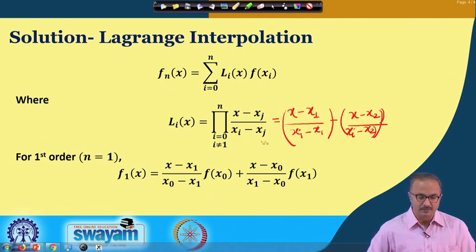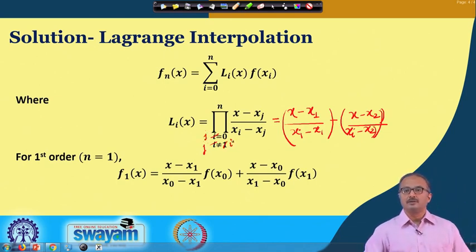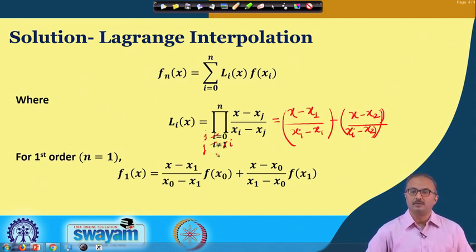So it will be j over here, j not equal to i. Okay. So this is the way it will go on.